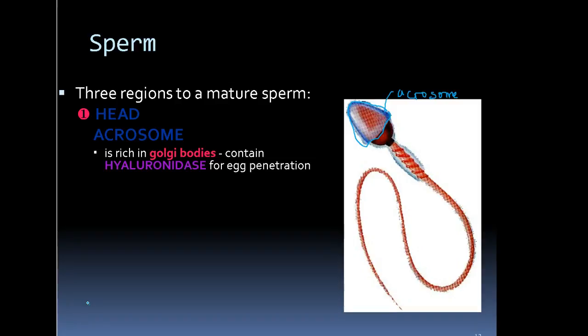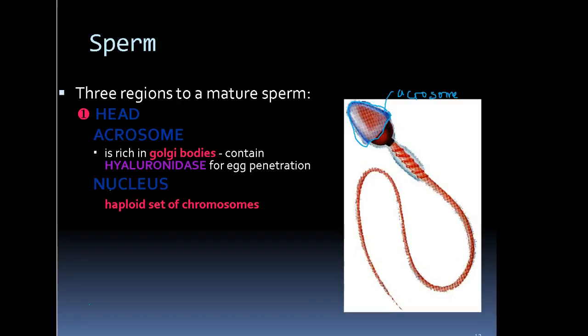These enzymes are used for egg penetration, so they have to penetrate the zona pellucida that's surrounding that secondary oocyte. And once one of these nuclei gets in from the sperm, that's going to seal it so no other nuclei can enter. The other thing inside of the head is the nucleus, and that has the haploid set of chromosomes that need to be donated over to the secondary oocyte.